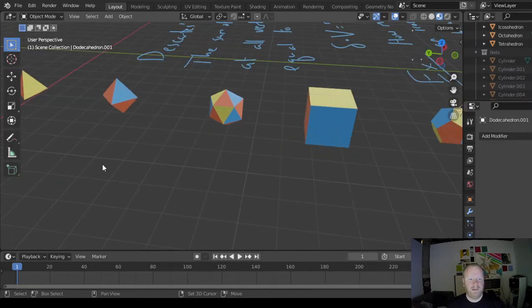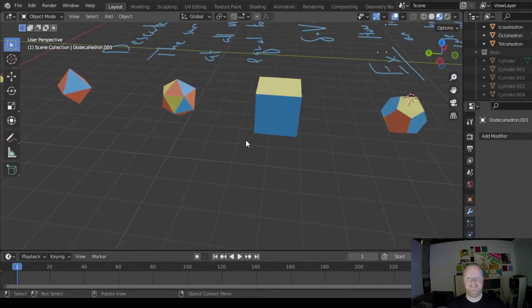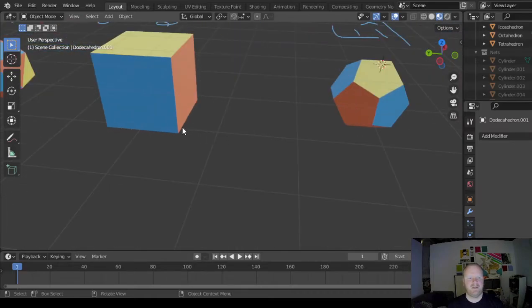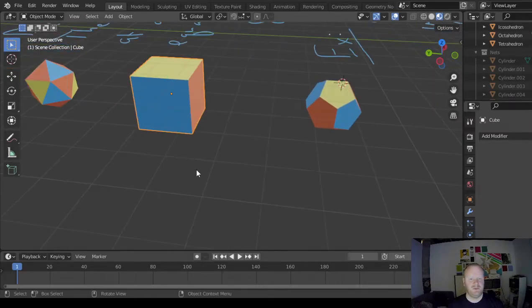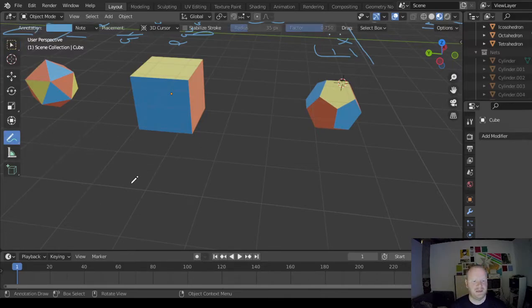So one way that we can make semi-regular polyhedra is to take something, and I'll work with this cube first, and we'll use this technique called truncating. Right.